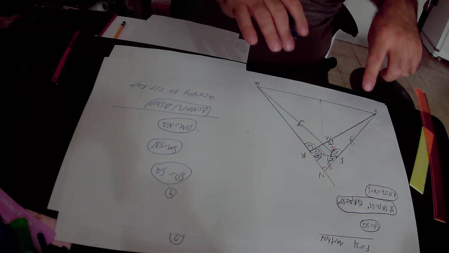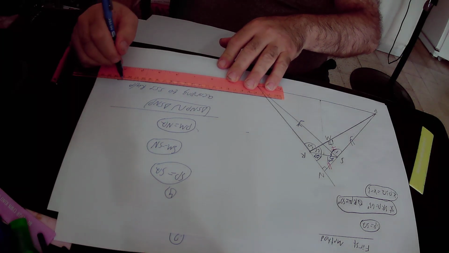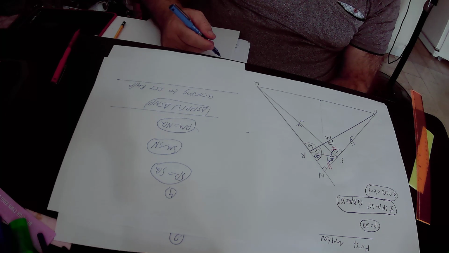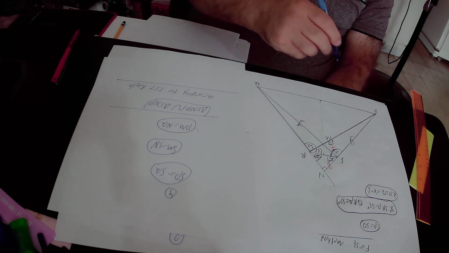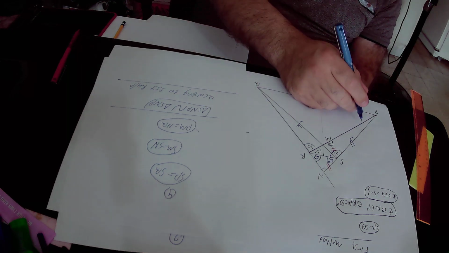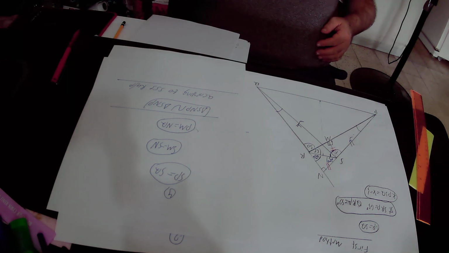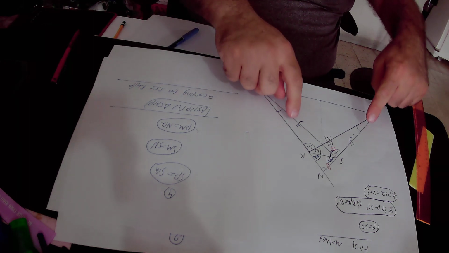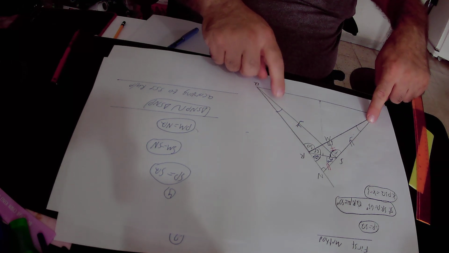So from the fact that those two right triangles are congruent, we can conclude that those two angles are equal to each other, according to the rule that corresponding angles in congruent triangles are equal.